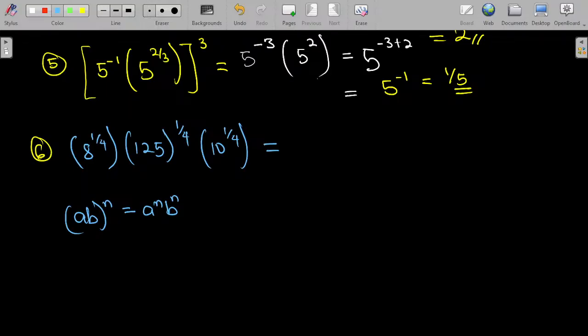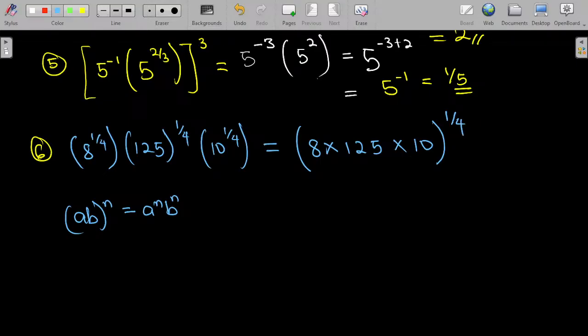Multiplication allows power to distribute over them. So here the power has already distributed, so I can open one bracket and allow only the bases to multiply. So here I will have 8 multiplied by 125 multiplied by 10, and then everything is raised to the power of 1 over 4.